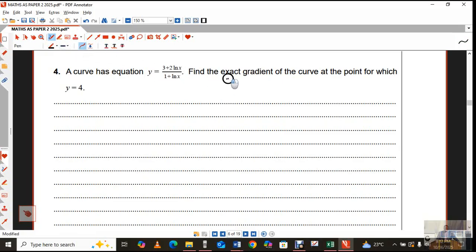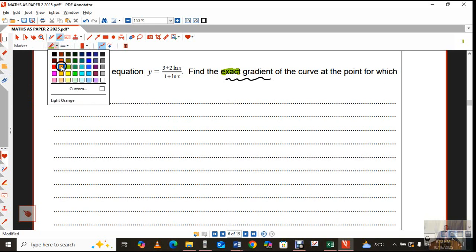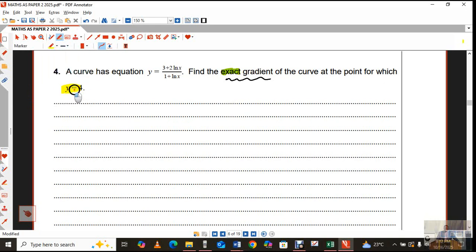Find the exact gradient. The key word here is exact, so you should not give decimal solutions. Alright, you have to write something in terms of the natural log or whatever the case may be.